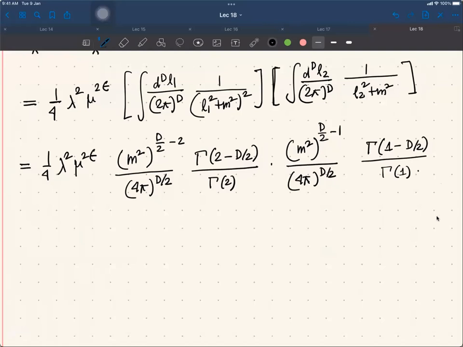Then you write d equals 4 minus epsilon, and the result you get is this. Mu to the power 2 epsilon times m to the power minus epsilon.